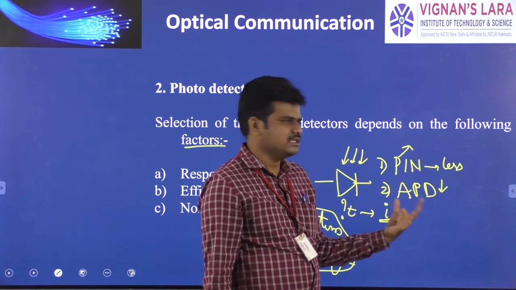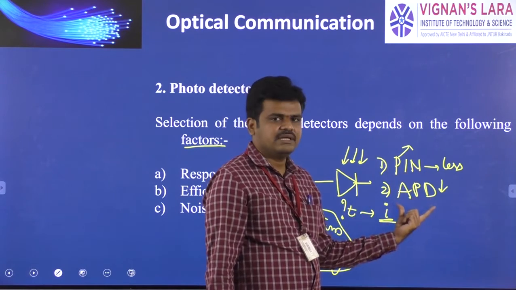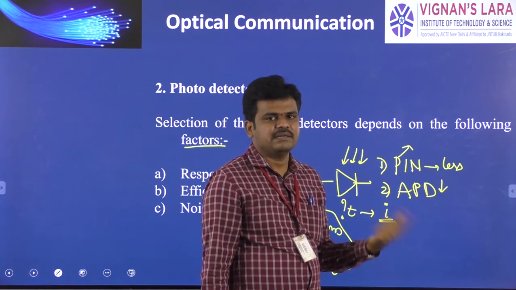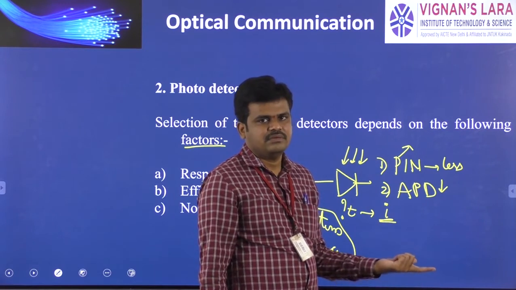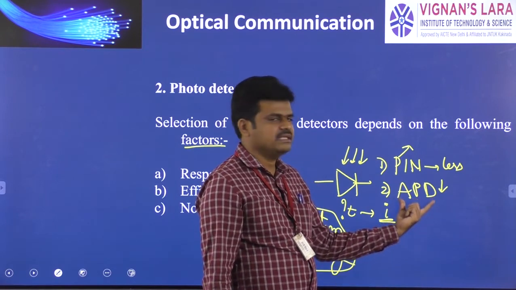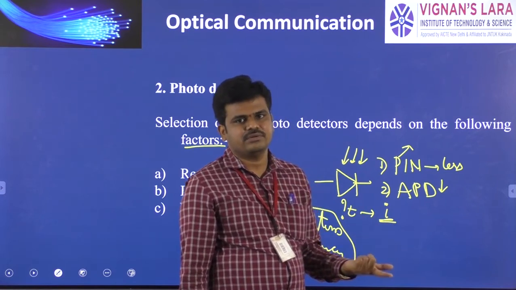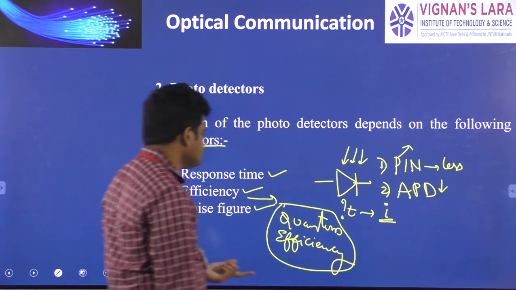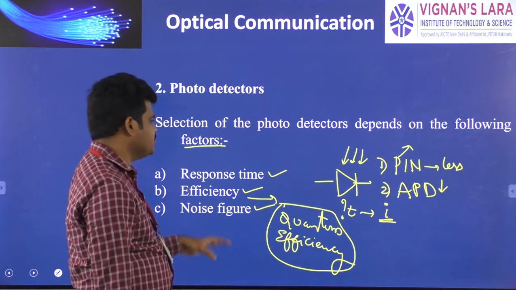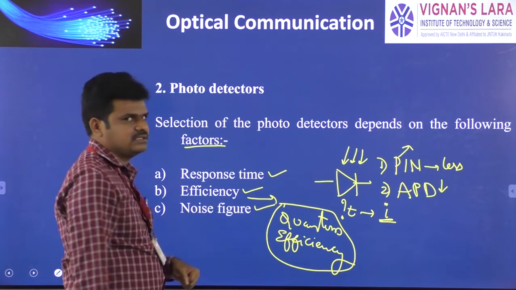What is the reason? Because compared to the pin diode, in the avalanche photodiode the reverse voltage applied is more, so the random motion of electrons also will be more. That is the reason we need to consider the noise figure also.